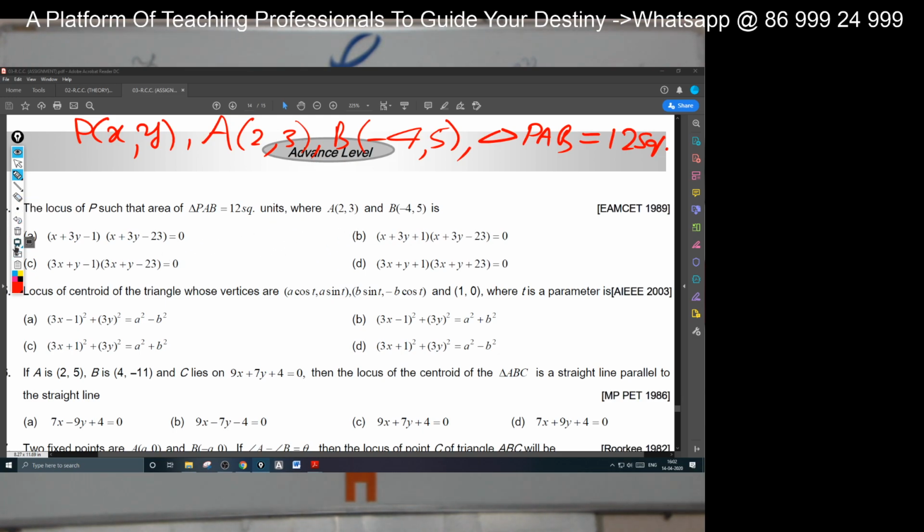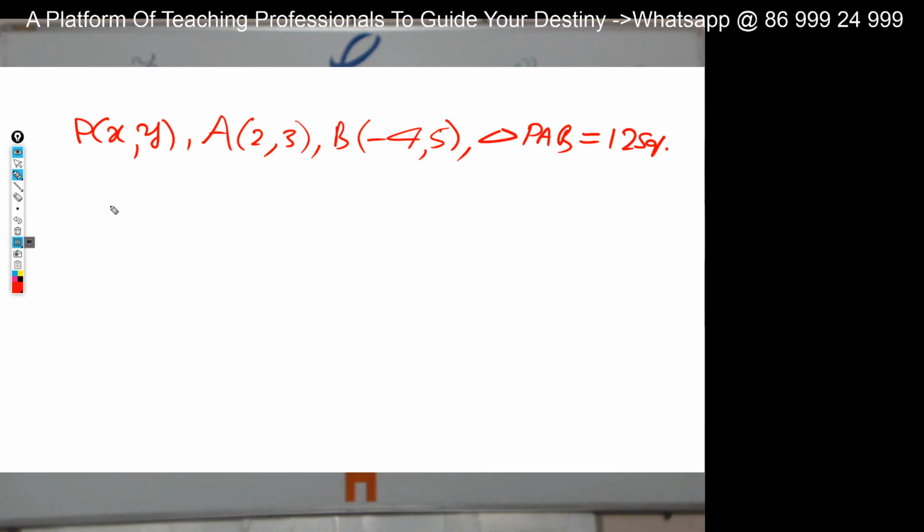Now the locus is to be found out. Now as usual, area of A 2, 3, B minus 4, 5, and P x, y, finally 2, 3, is given to be 12 square units.